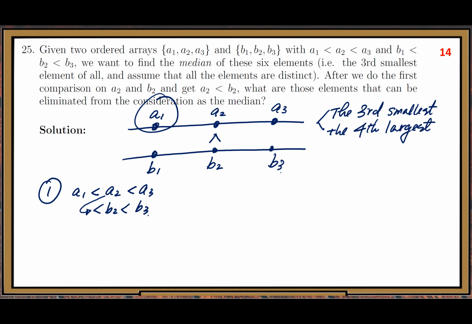So you can find 4 elements greater than A1.